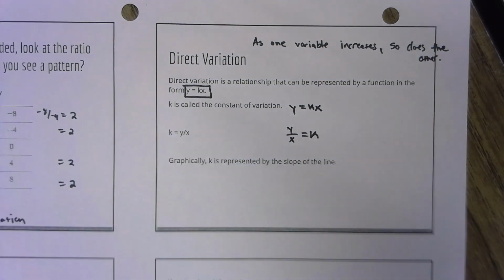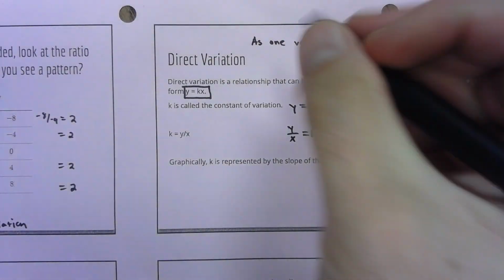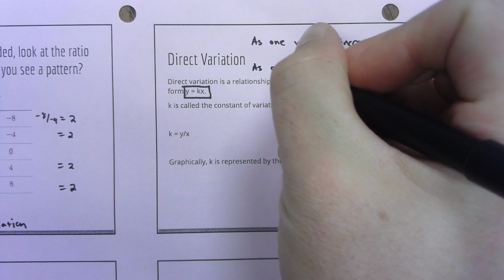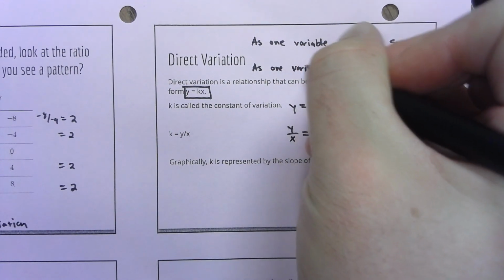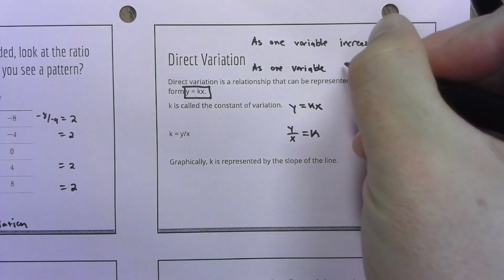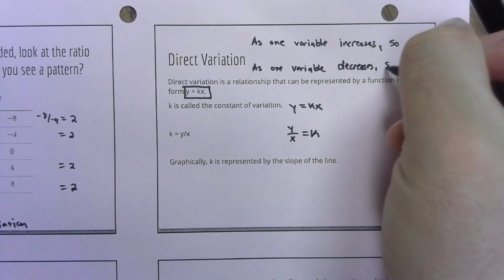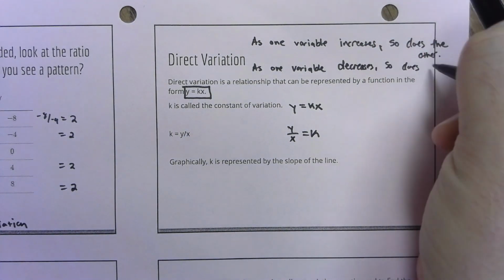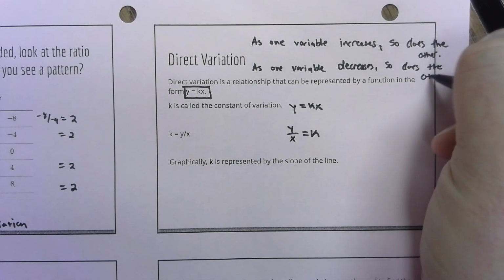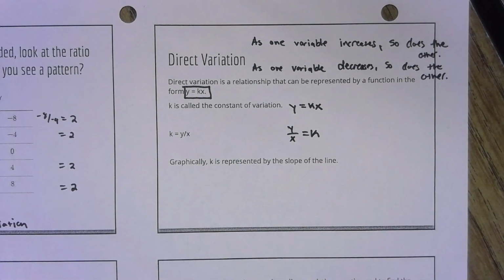Okay, and then vice versa. As one variable decreases, so does the other. Right, and they're either increasing or decreasing at a constant rate. And that part is also important here for the direct variation. It's got to be constant. Hence the constant of variation.